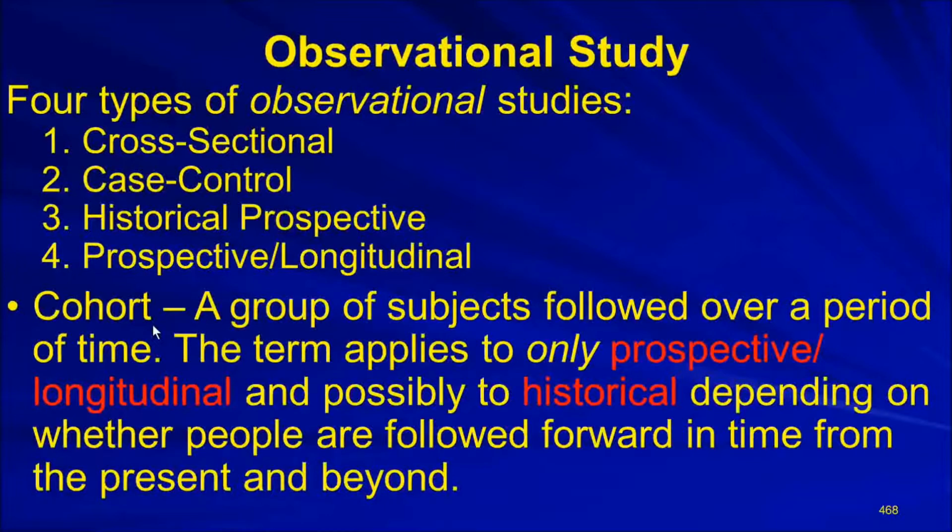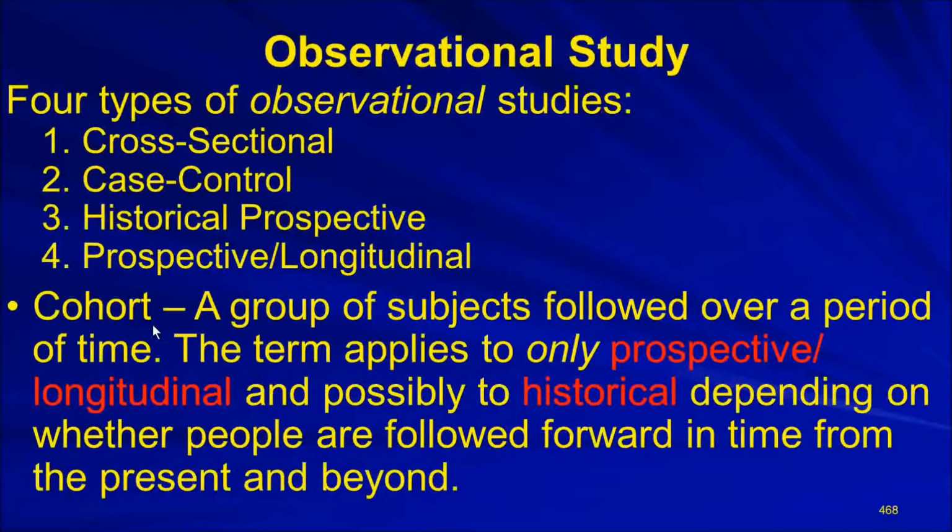The term applies only to prospective, longitudinal, and possibly historical prospective studies, depending on whether people are followed forward in time from the present and beyond. You'll begin to understand this as I break down how the study designs are laid out. But be careful with the use of cohort.